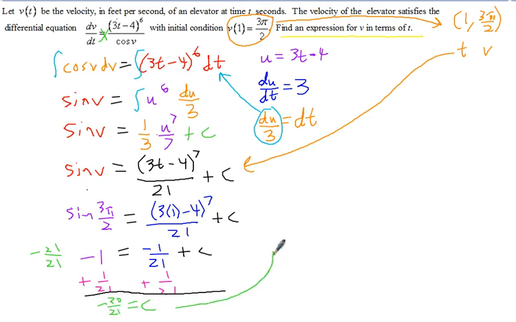And then we can substitute that right back in here. So now we've got the sine of v equals (3t minus 4) to the 7th over 21 minus 20 over 21.